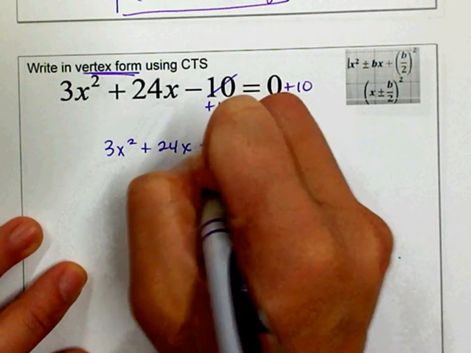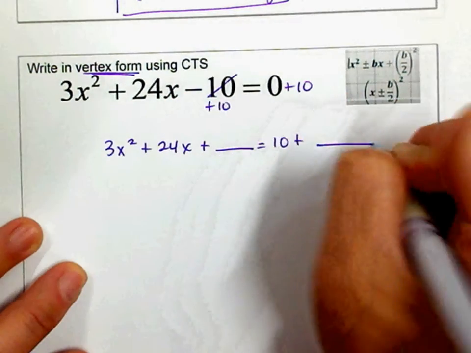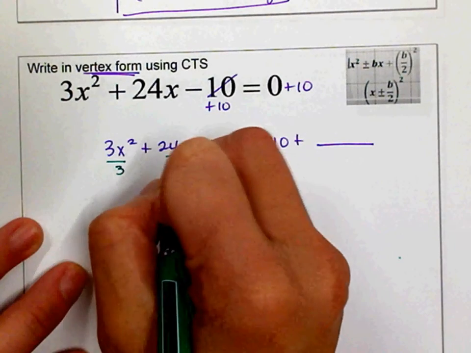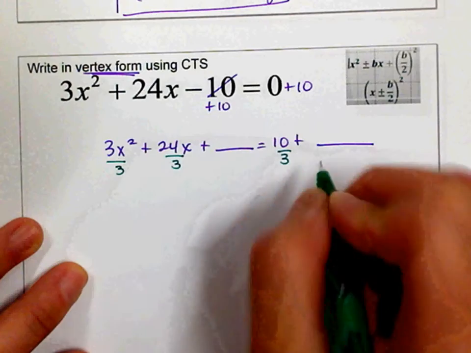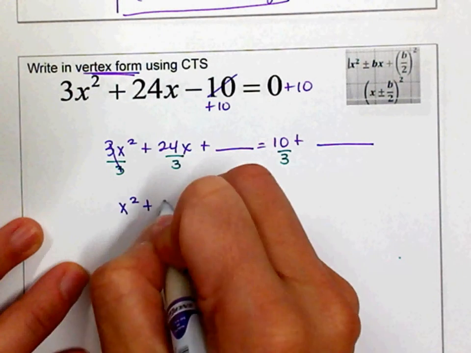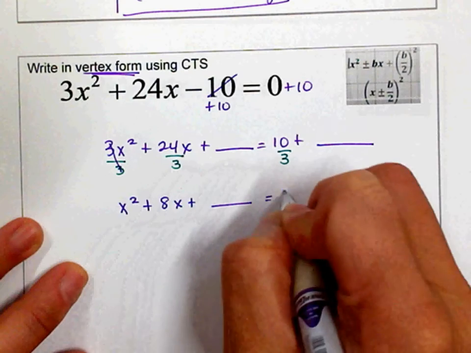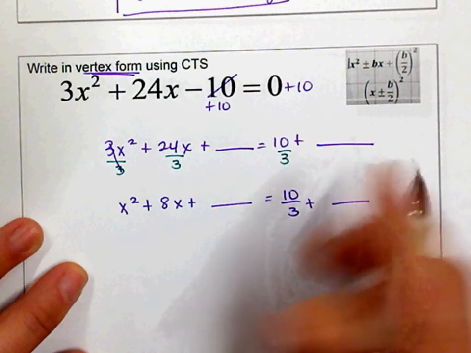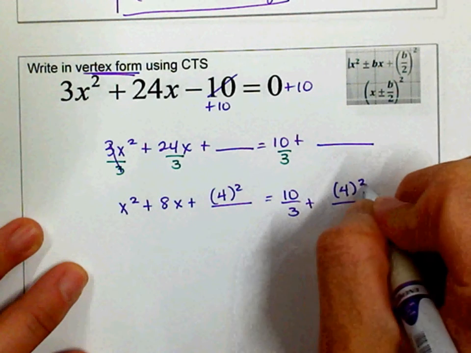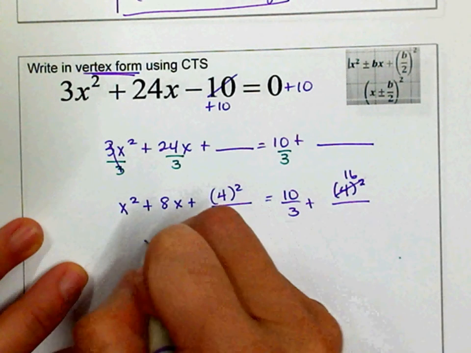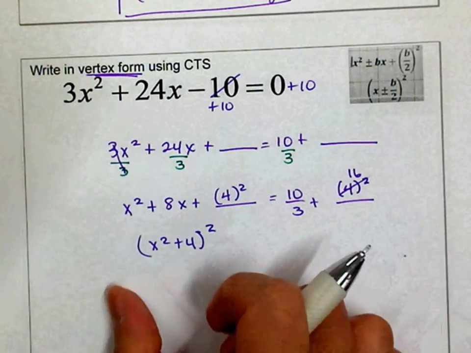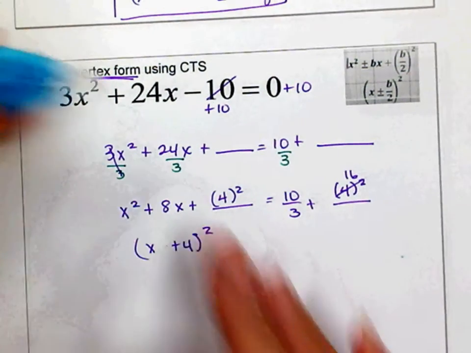Before you start, let's get rid of the a. Okay? Cancels out. So x squared plus 8x plus a blank is equal to 10 over 3 plus a blank. Half of 8 is 4 squared, which is 16. Write it in perfect squares factor form. Let me get rid of that square because that doesn't need to be there. Equals, here we go.